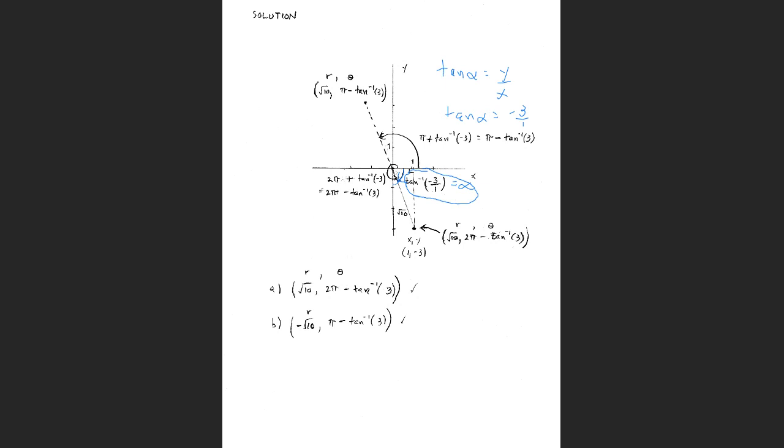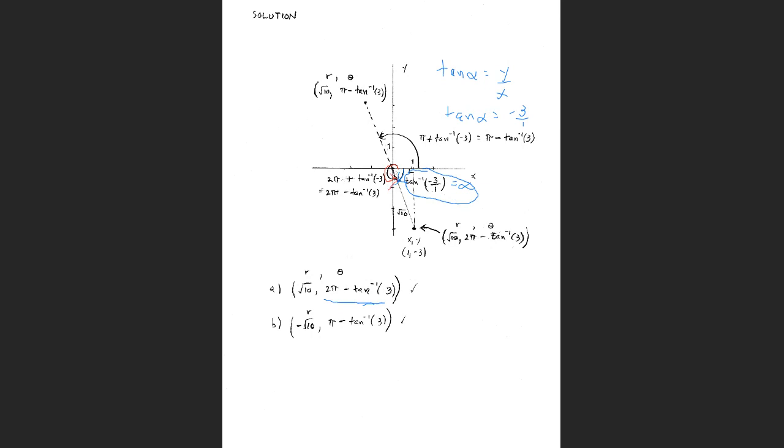So if we want an angle theta that's between 0 and 2 pi, let's think about this. We would do this angle here. What's that angle?